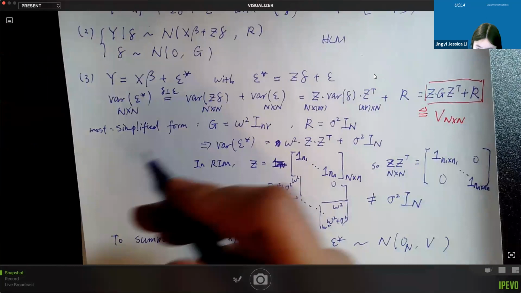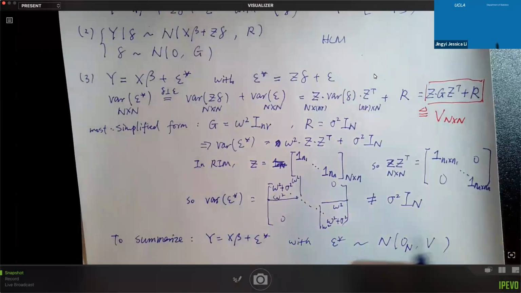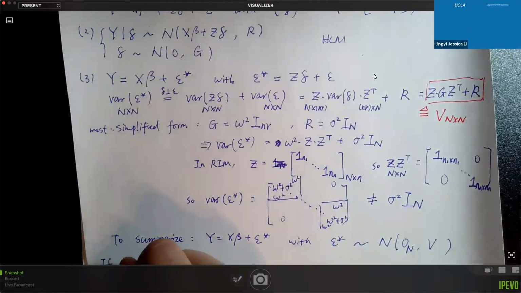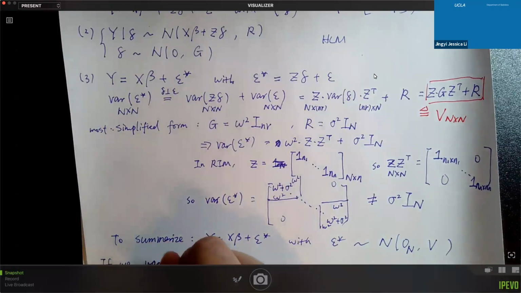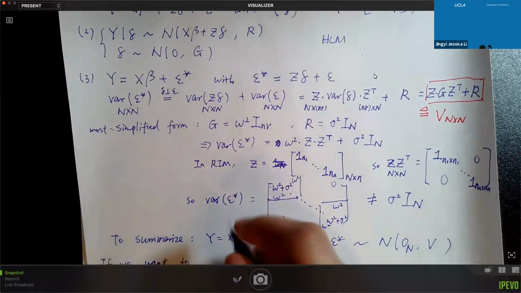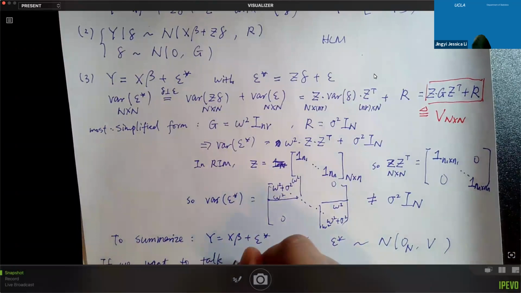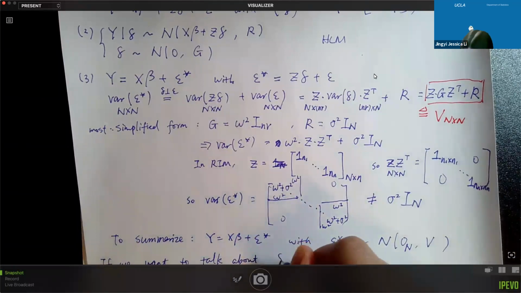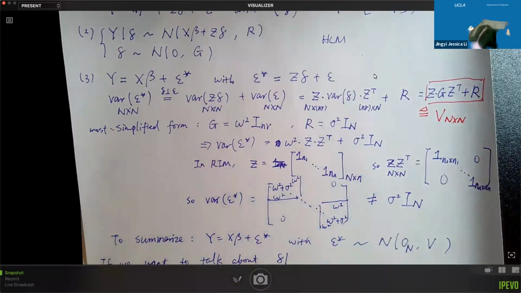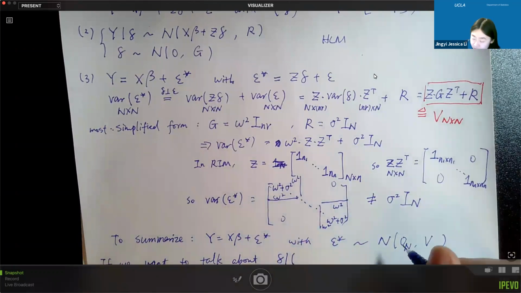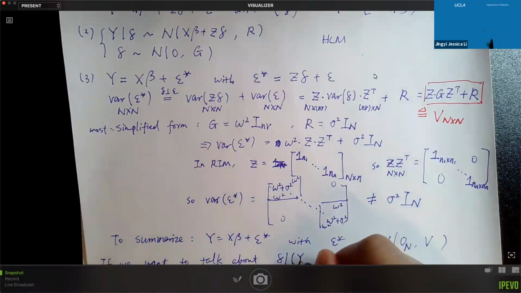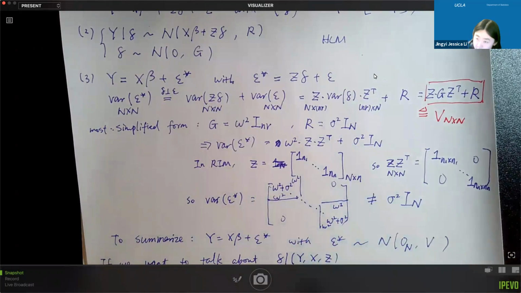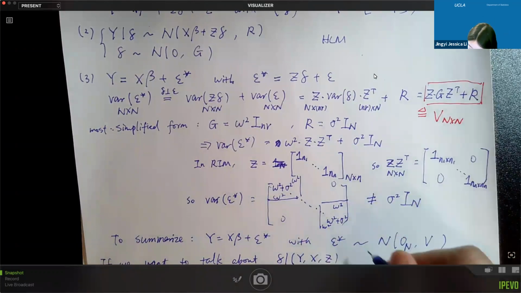Okay, so then what I want to say is that if we want to talk about the distribution of delta given my data, here my data has three parts: y, X, Z, the two design matrices and my response.